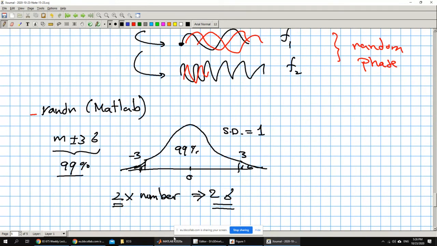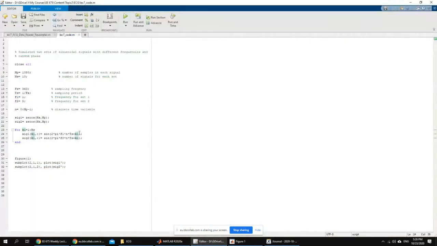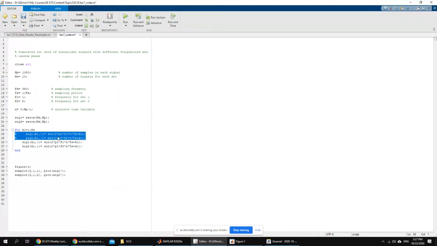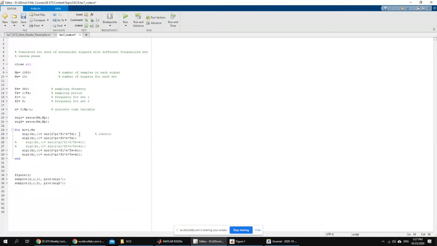So here, instead of putting K1, I'll leave that also so that you can remember that we did it. Okay, let me also put the original one that we did before. Put a comment here: identical signals, which are useless.